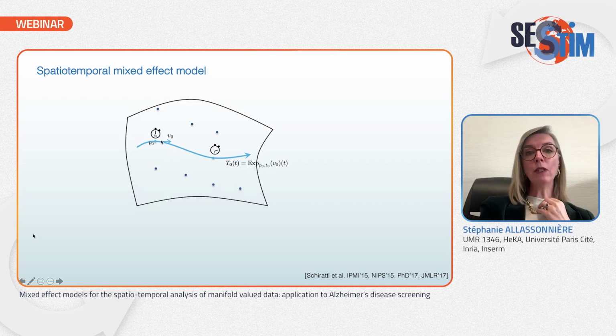So why is that interesting? Because the geodesic, although it lives in a high dimensional space, can be parameterized with a first point, a first time, and an initial vector. This means that you go back to something that is in finite dimension.